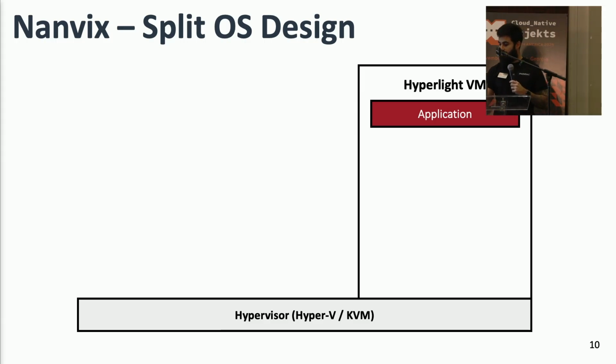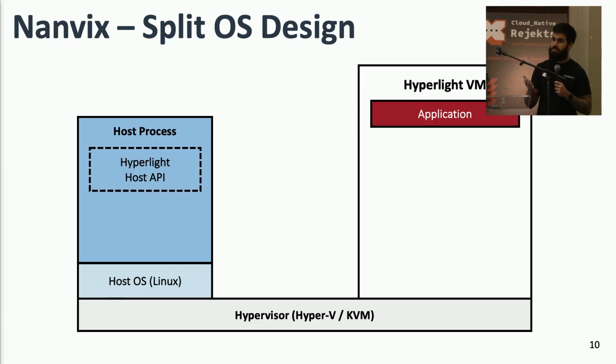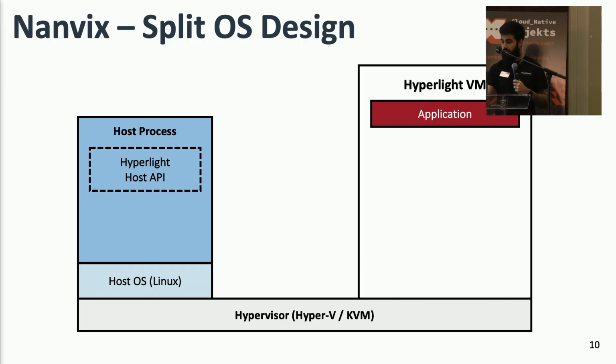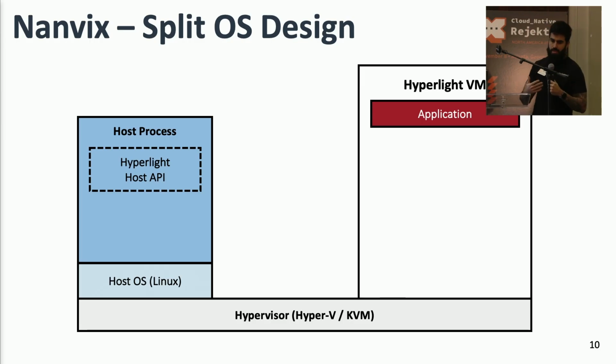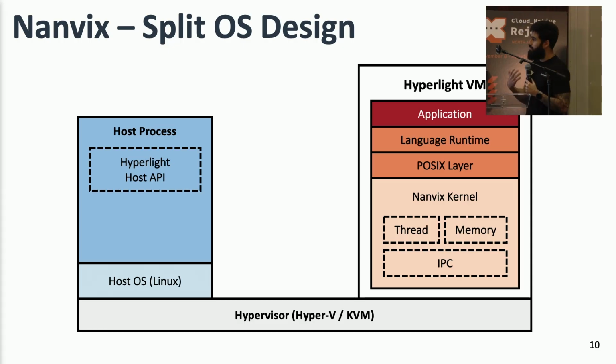On the host side, you have this host process that offers the Hyperlight host API that the application can leverage to do more interesting stuff, for instance, expose specific applications that let you access an external resource. But then you can think, how do we introduce an OS for that? I think the immediate idea would be to put my OS below my application, running on Hyperlight. And what does that mean?